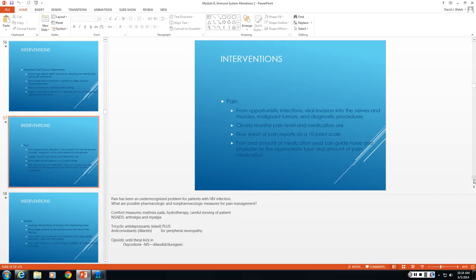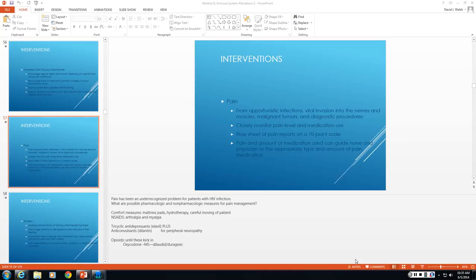If they're having problems with depression, you want to treat them with tricyclic antidepressants such as Elavil. If they're having peripheral neuropathy, you're going to treat them with the Elavil plus Dilantin anticonvulsant. Use pain reports and the amount of medications used to guide the nurse and physician, so it's appropriate.